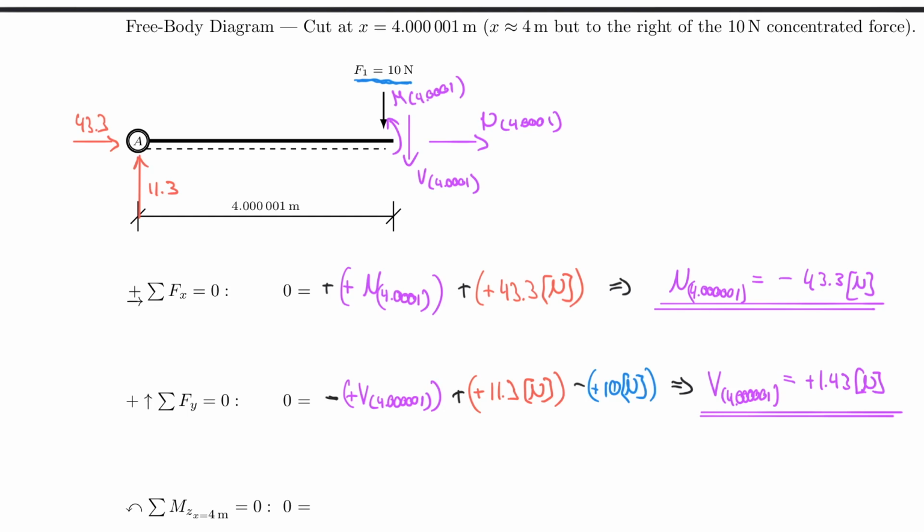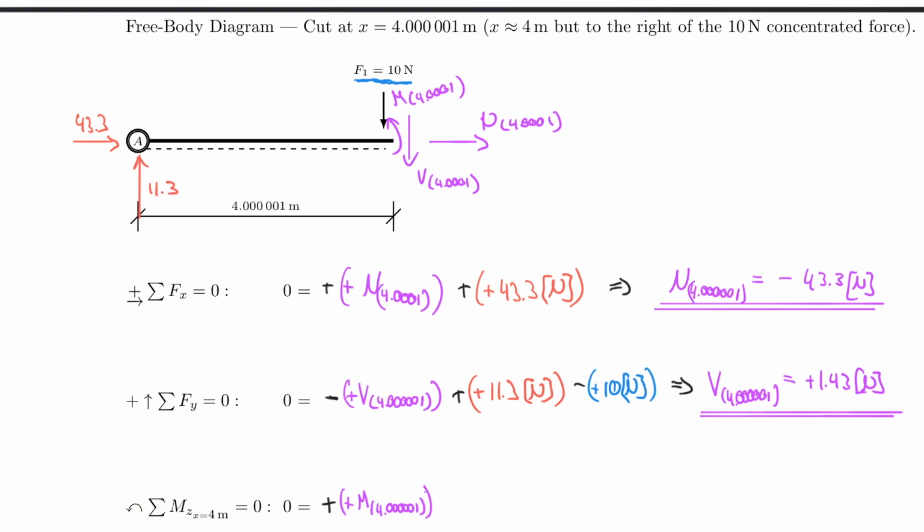Last but not least, let's go ahead and calculate the moment. So that would be positive defined M at 4.000001, which I put in parentheses, and now it's also turning counterclockwise. That makes it positive according to my definition here on the left side.